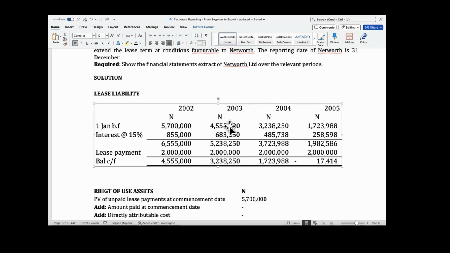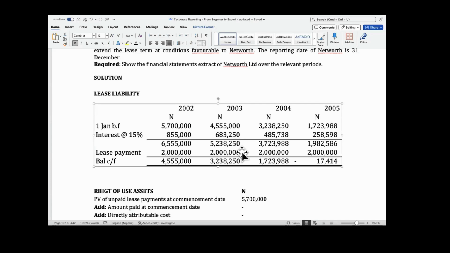You do the same thing over again. You add the interest of 15% of the 4.5 million. That gives us 683,250. If you add that to the 4.5, it gives us 5.2 million.